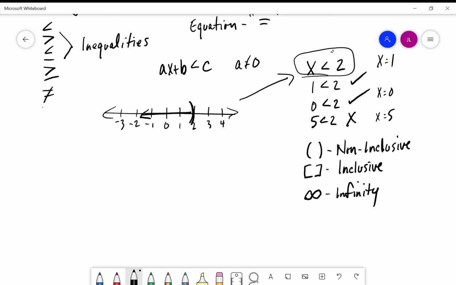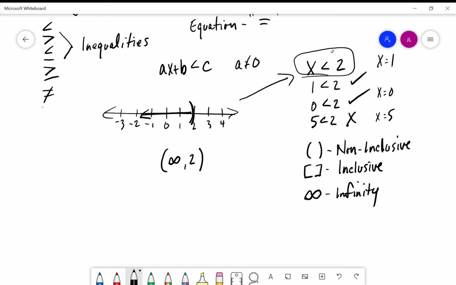So in interval notation, the largest number we can get to is very close to 2, but not including 2, so we have a parenthesis and a 2. The smallest number would be however far we can go, infinity. So we put an infinity there, and we put parentheses because we can't put a boundary on infinity. We can't say it's included, because as soon as we get to the smallest number we can think of, we subtract 1 from it, and now we've got a smaller number still.